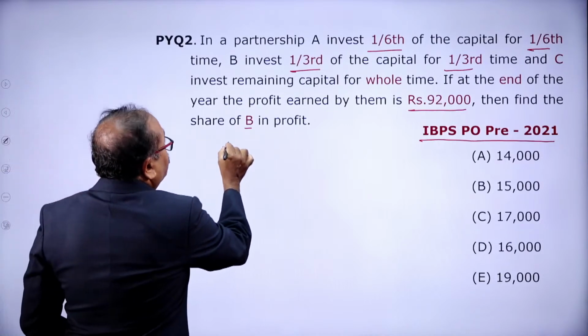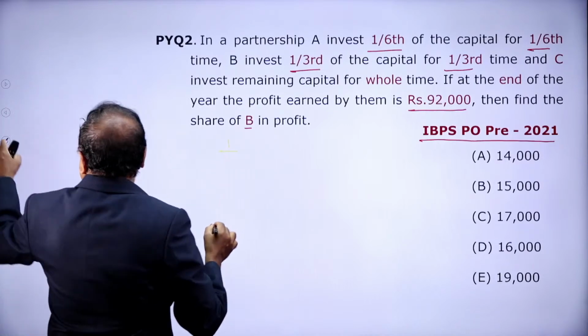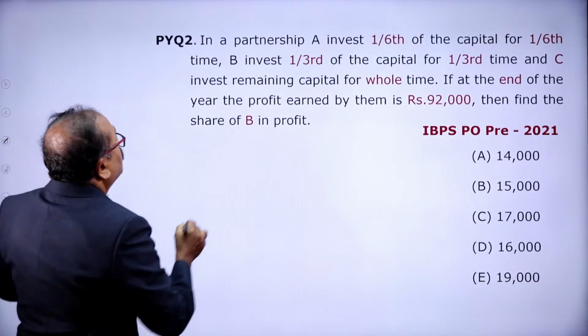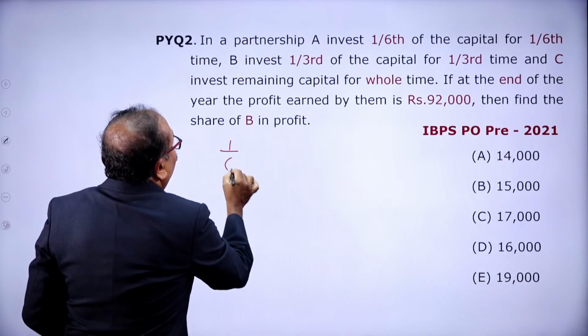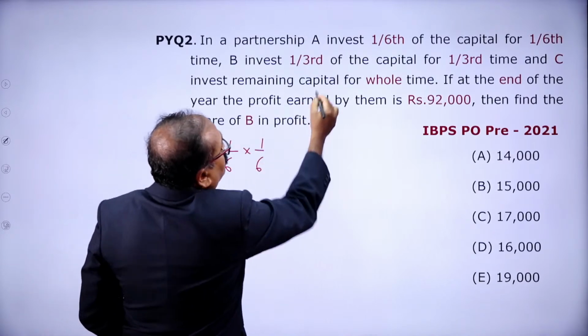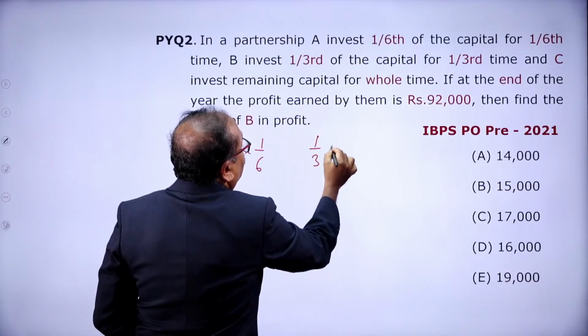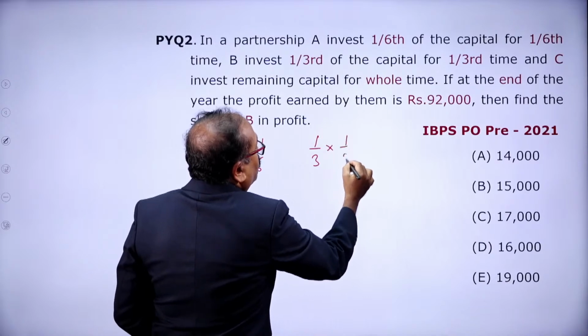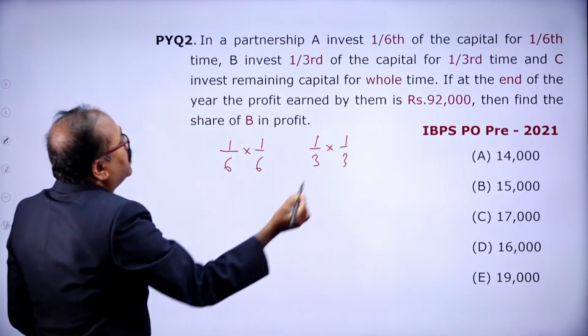Look at this one, similar to the previous one, 1/6 of the capital for 1/6 of the time. Now the next one is 1/3 of the capital for 1/3 of the time, and the remaining capital.